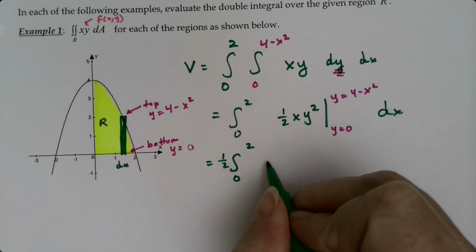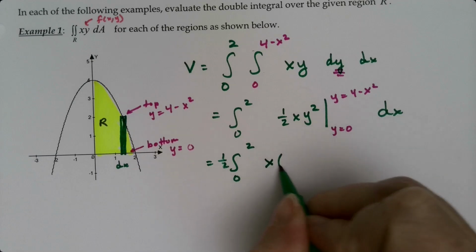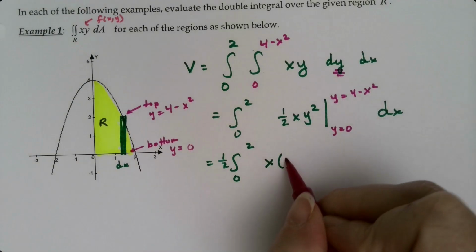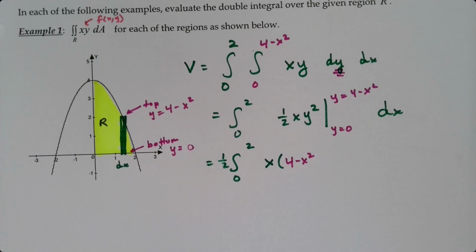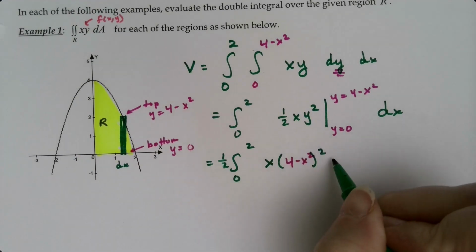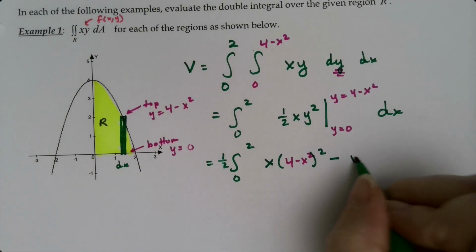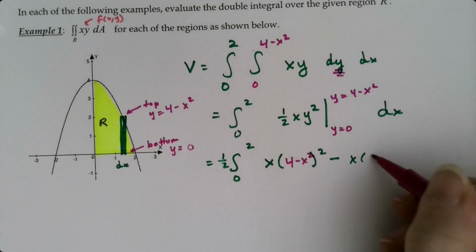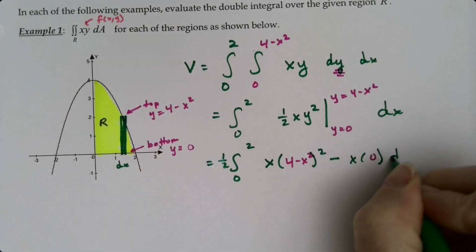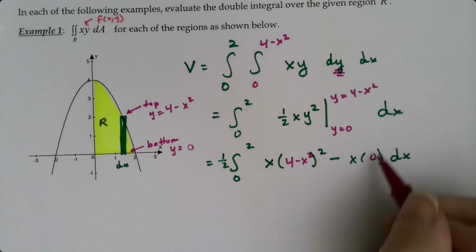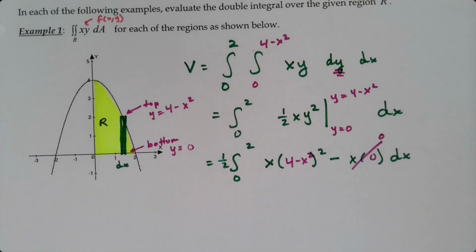So then I'm going to take it x times 4 minus x squared, minus x times, well, 0. Right? So that's not going to matter in the back. This is just going to be 0. So we're not worried about that.